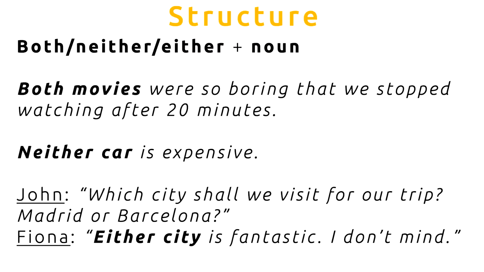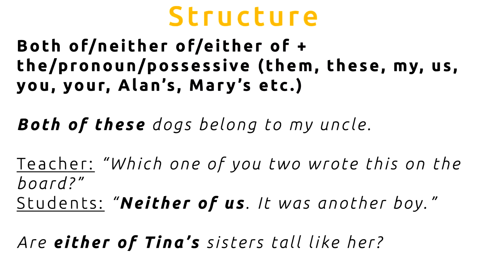Now, here is the next structure. We can say both of, neither of, or either of, plus the. So when you use the, you can say any noun, the dog, or the camera, or the chair.